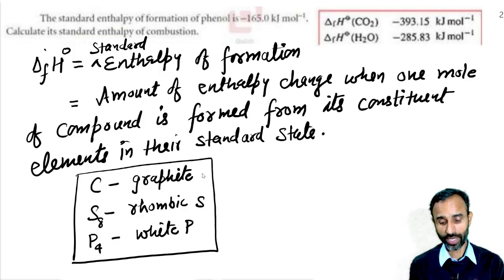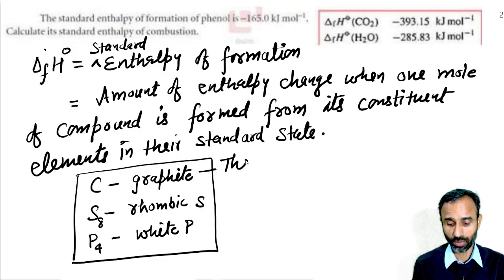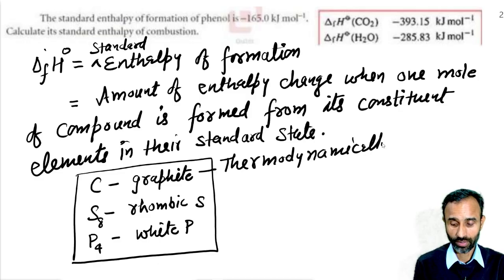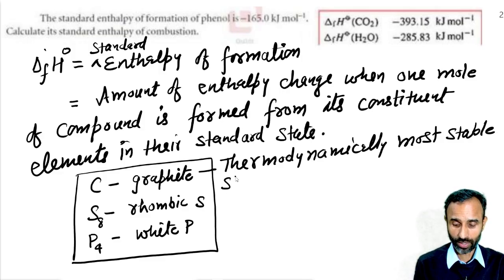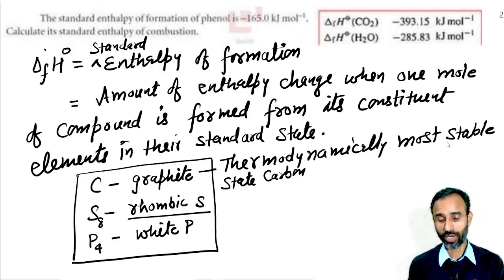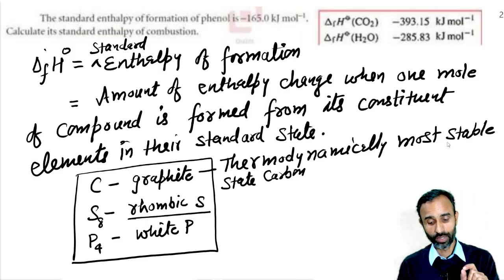And graphite is the thermodynamically most stable form of carbon. Rhombic sulfur is also the thermodynamically most stable form of sulfur.